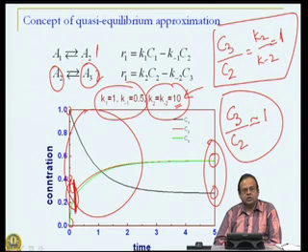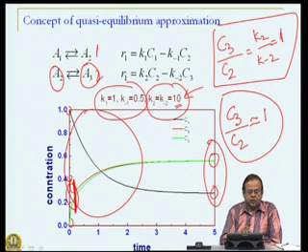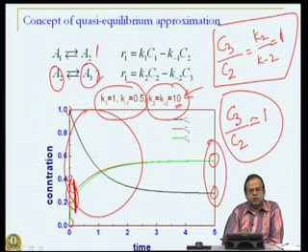So, what is the basic essential requirement for quasi equilibrium approximation? Among various reactions that we have, some reactions are much faster than other reactions, and those faster reactions reach equilibrium. Now, why do we call it quasi equilibrium? Because as you can see here, things are changing with time, our concentrations are changing with time.